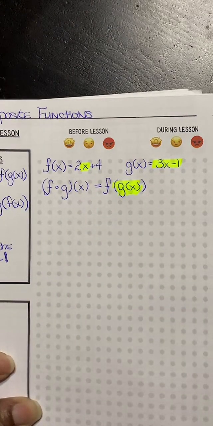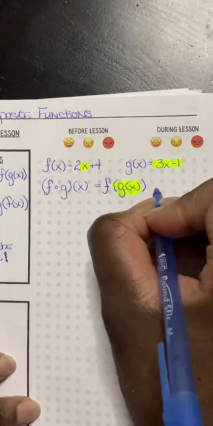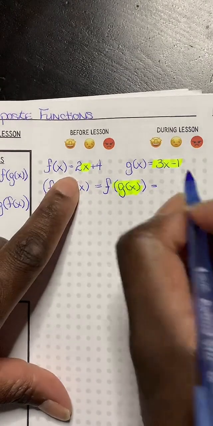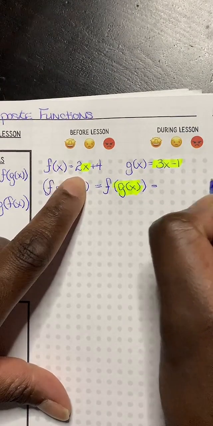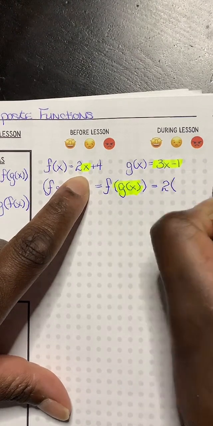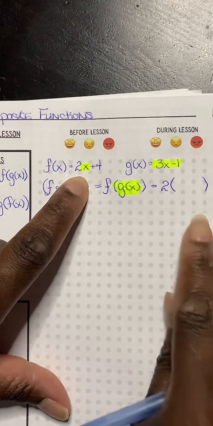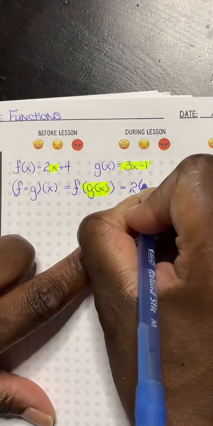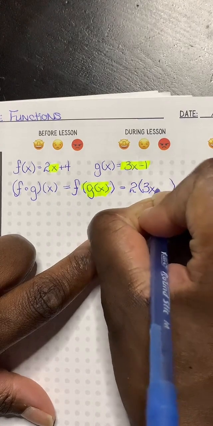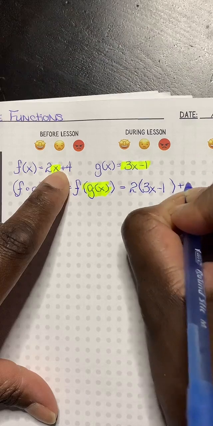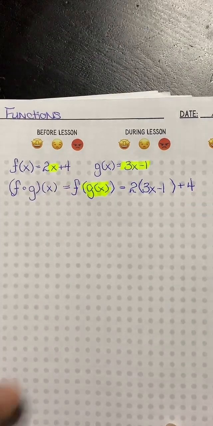So it's going to look something like this. We have our f of x, so that means we have 2 and parentheses. Inside this parenthesis, I'm going to put my g function, which is 3x minus 1. Then I have my plus 4.